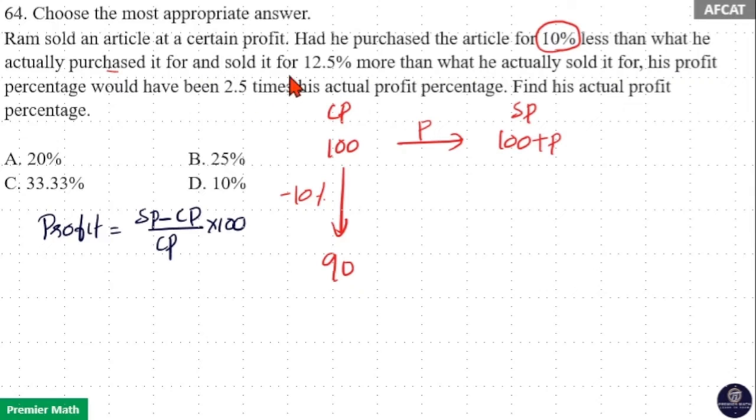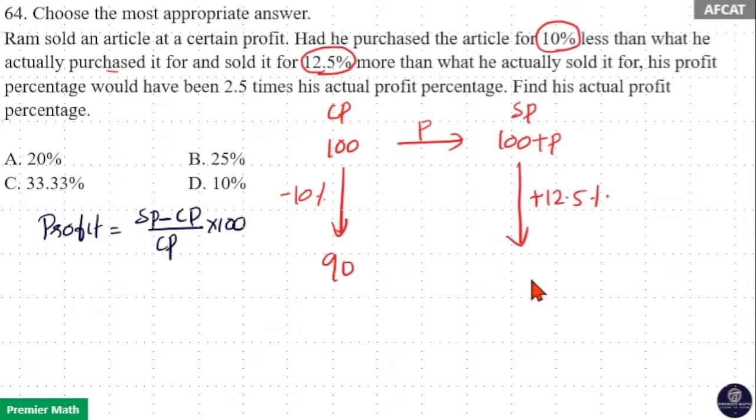Now if he sold it for 12.5% more than the actual selling price, here the actual selling price is 100 plus P. Then 12.5% more than that means 100 plus P plus 12.5% of 100 plus P. Here 12.5% of 100 is 12.5.